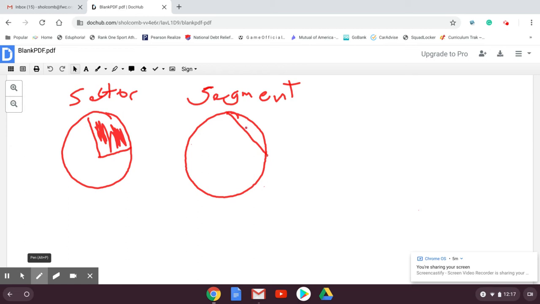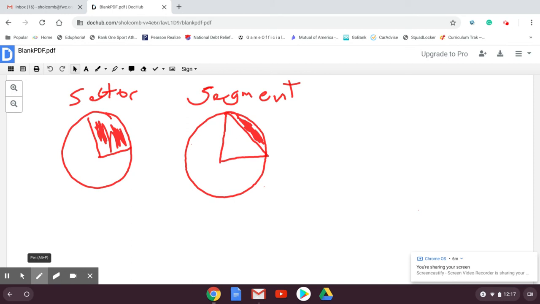And the segment is the area of that section created by that little chord across the circle. Well, here's the interesting thing about segments. If you take the sector that forms the segment, do you see how the overall sector minus that triangle gives us the segment?